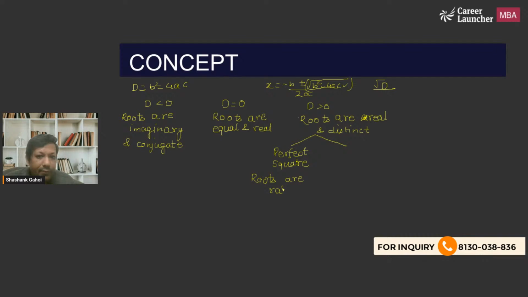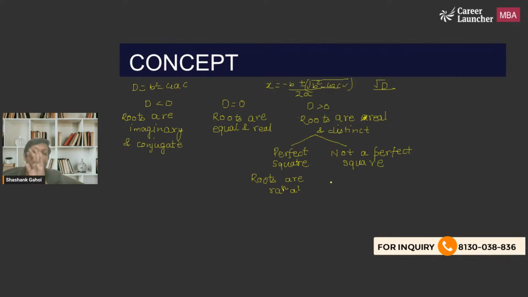What if it's not a perfect square? So if D is not a perfect square, then inside the square root, I have a number that is not a perfect square, right? So if it is not a perfect square, then what is going to happen?